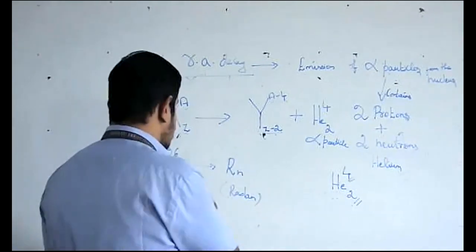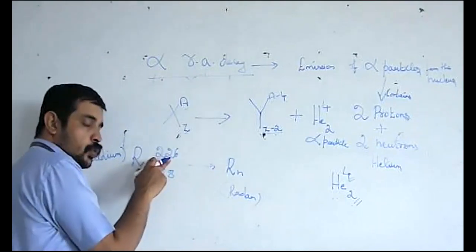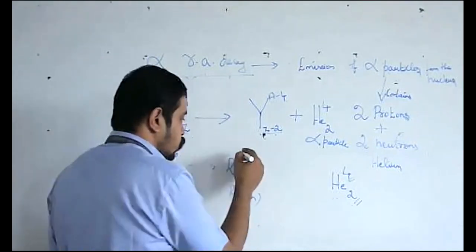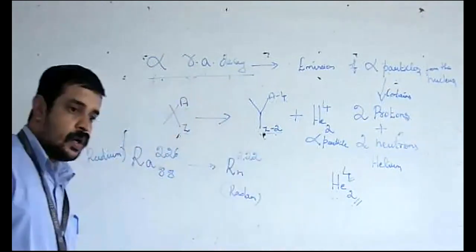So I hope you can understand. 226 is the mass number. So here we will be getting 222. Why?